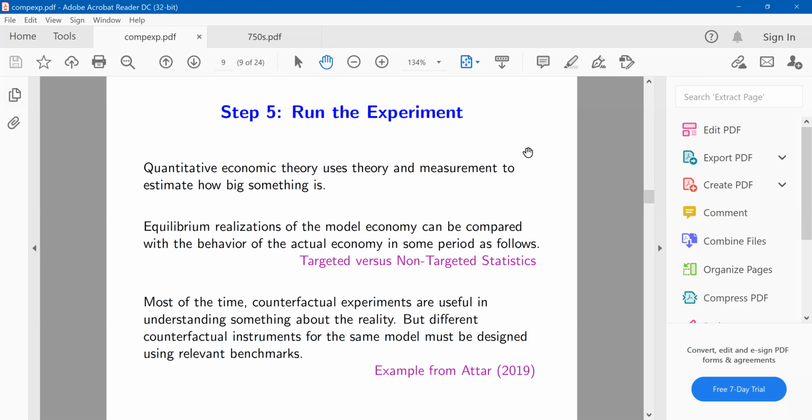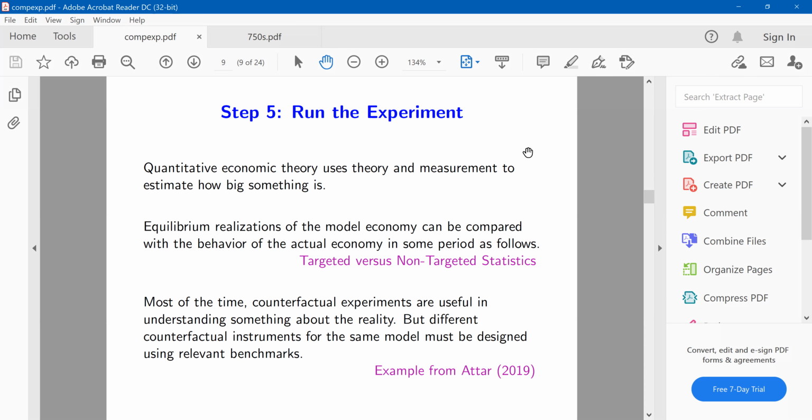Sometimes you are interested in changing one of the parameter values. Sometimes you are interested in changing the entire valuation of exogenous parameters. Sometimes you design the policy shift you observe in the data, the model-based version of it, the model counterpart for it.